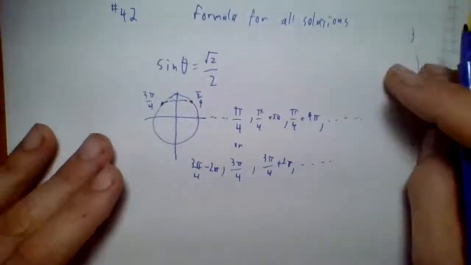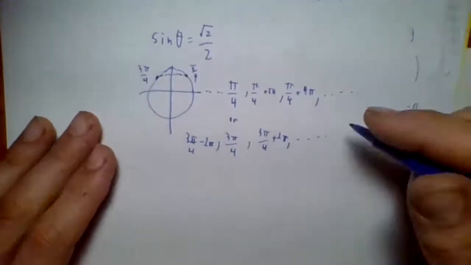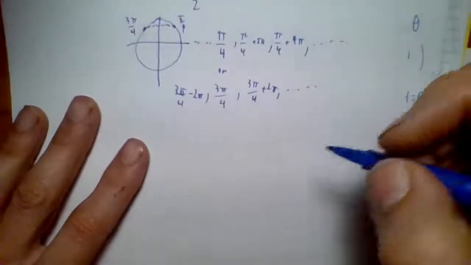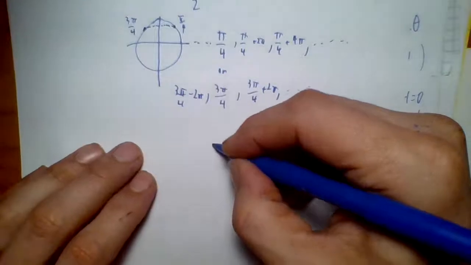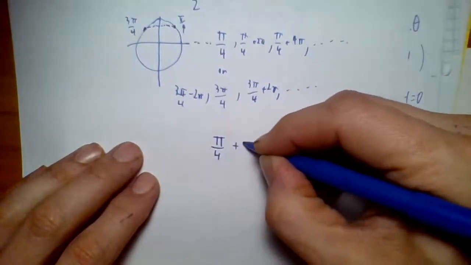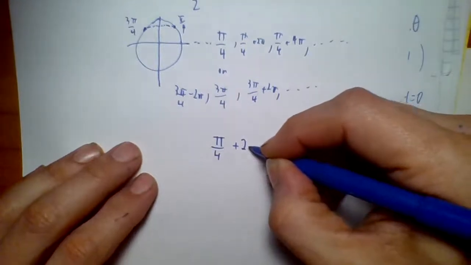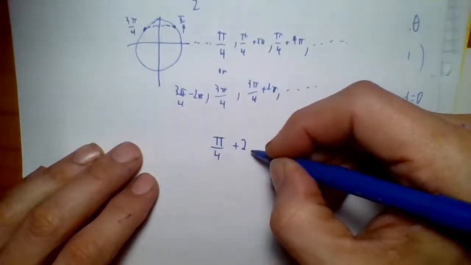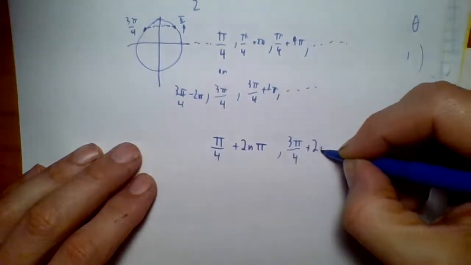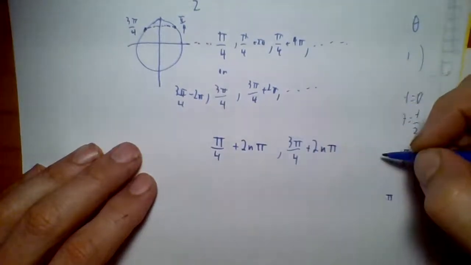So a formula for that, a nice way of saying that without having to list everything, you can express the solution. I'm going to try to write a little bit. You can express the solution as pi over 4 plus any multiple of 2 pi, or 3 pi over 4 plus 2n pi, where n is any integer.